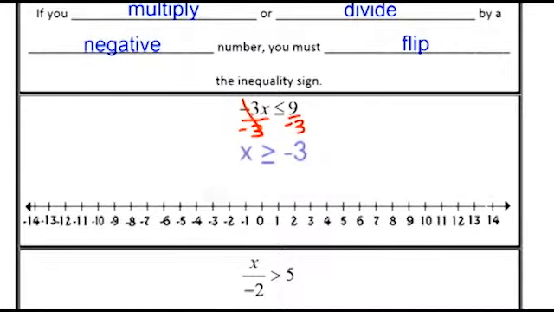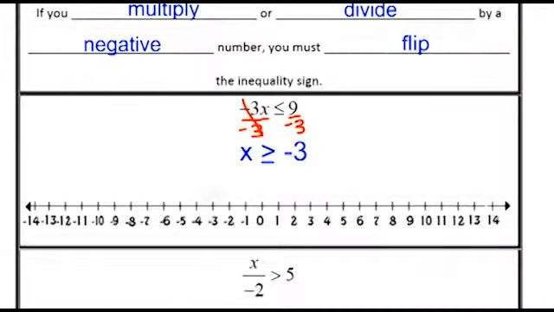My inequality should go in the opposite way. It went from less than or equal to greater than or equal to. This will make it so we actually plot it correctly. You don't need to know why. You don't have to understand any of the details about that. But just understand that if you multiply or divide by a negative while solving, you have to flip your inequality.